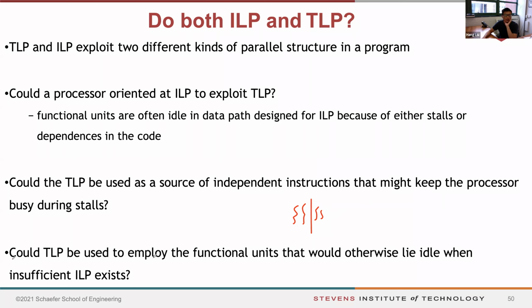Could TLP be used to employ the function units that would otherwise lie idle when insufficient instruction level parallelism exists? This is also not possible if we take instruction level parallelism as an orientation. Because we have to first talk about thread level parallelism, and then we talk about instruction level parallelism. So if you have the instruction level parallelism with some stalls, the thread level parallelism cannot take advantage of that.